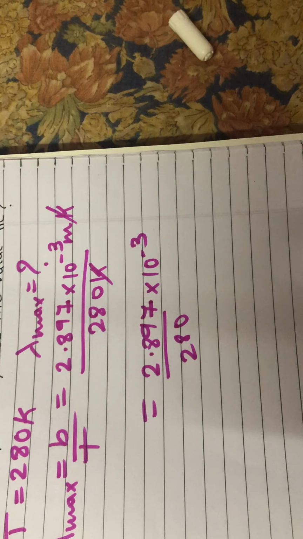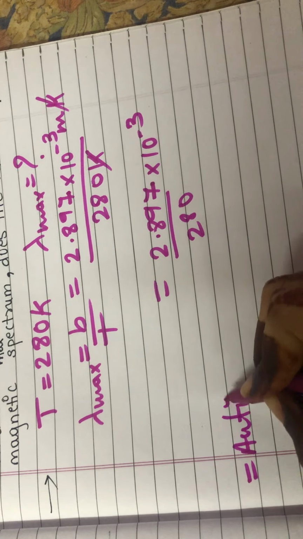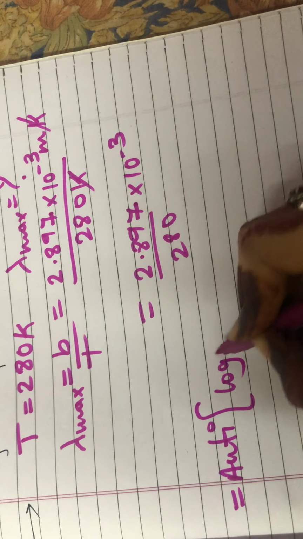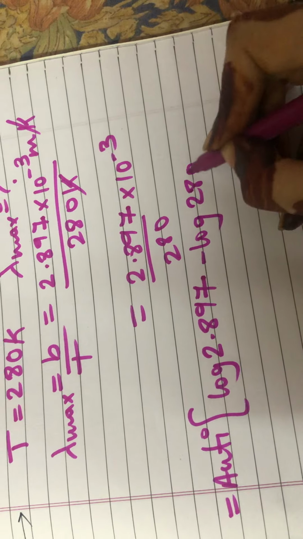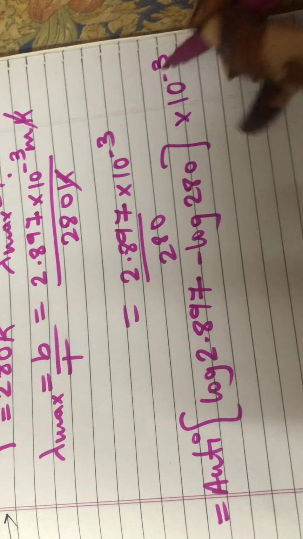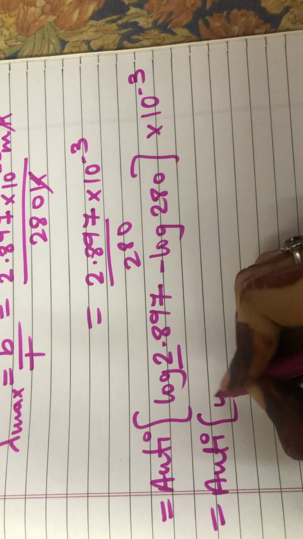Okay, let's do the calculation. We'll apply a log. So antilog of log of 2.897 minus log of 280, into 10 raised to minus 3.